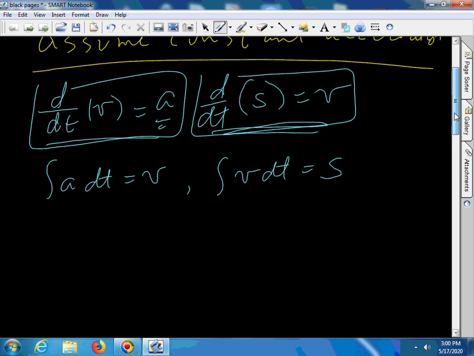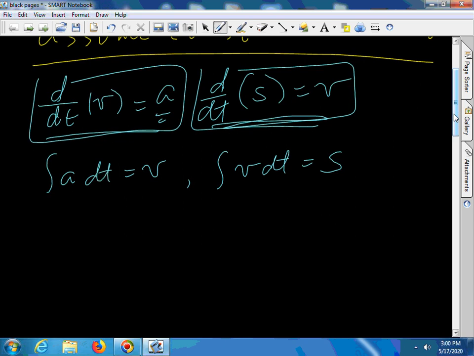Okay, so we know that v is the integral of a dt, but a is a constant, so you're going to get at plus a constant. Since it's velocity, the constant will be v0, the initial velocity.